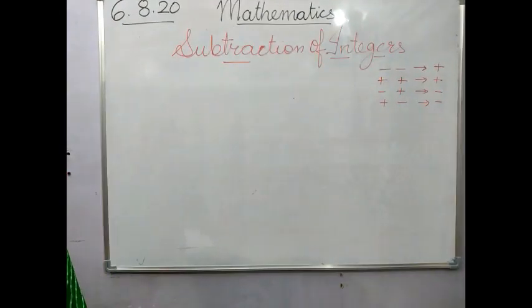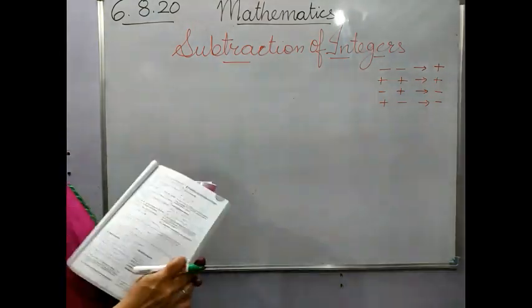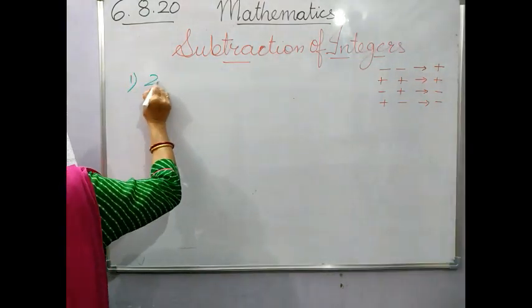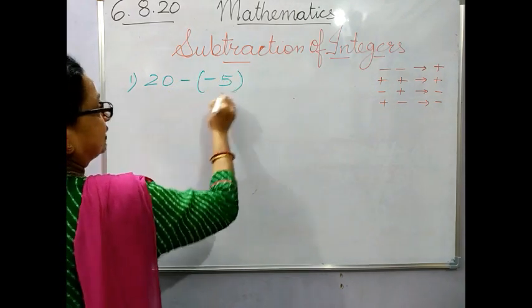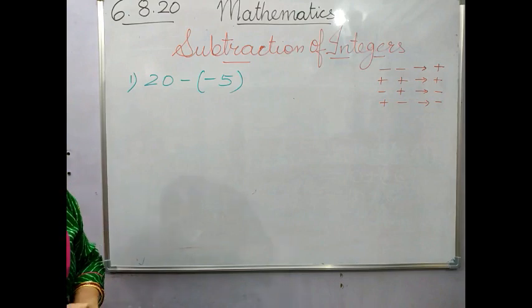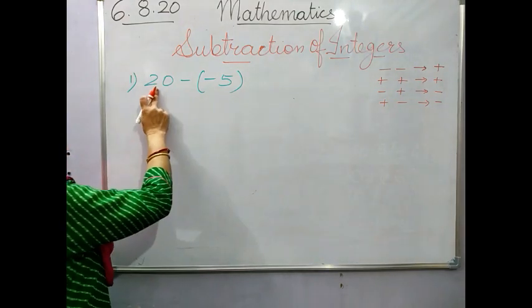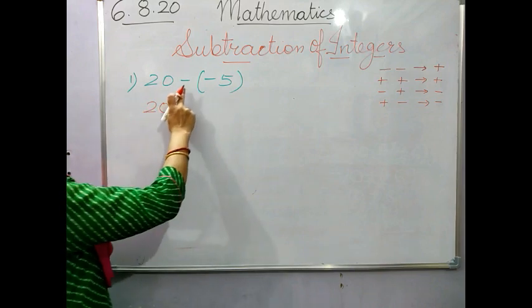I'll take the first example: 20 minus (minus 5). Now first of all we'll solve the bracket. There's no bracket on the first number, so we'll copy it down.